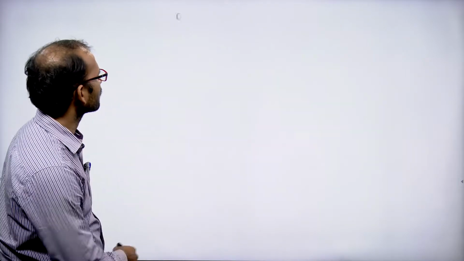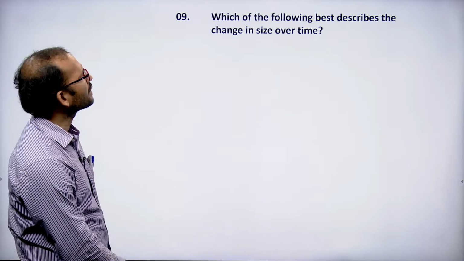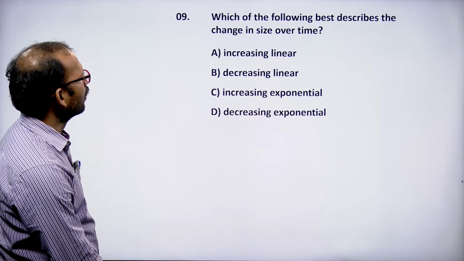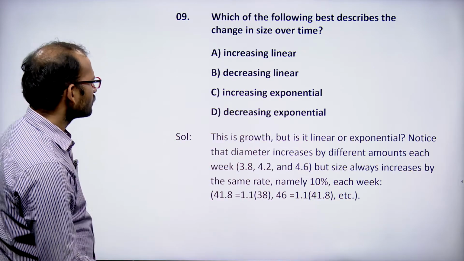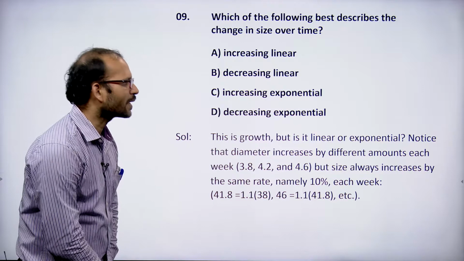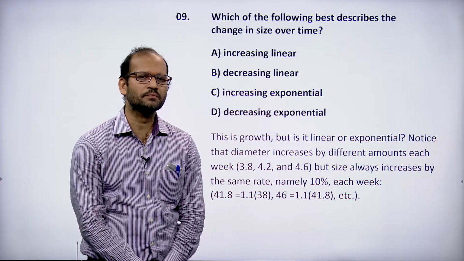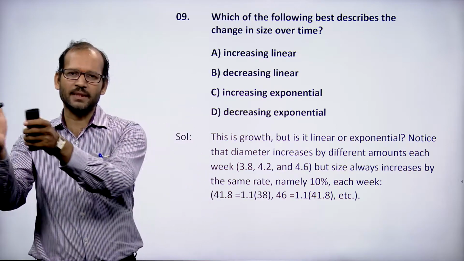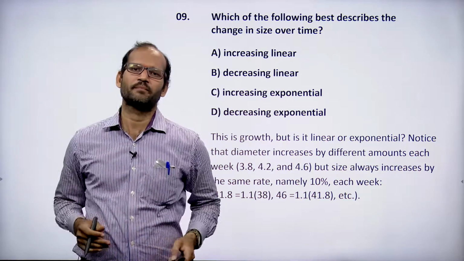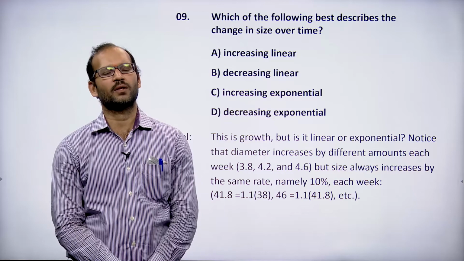Let us see. Which of the following best describes the change in size over time? This is growth, but is it linear or exponential? As I told you, if the growth is constant every year, then we say that is a linear growth.